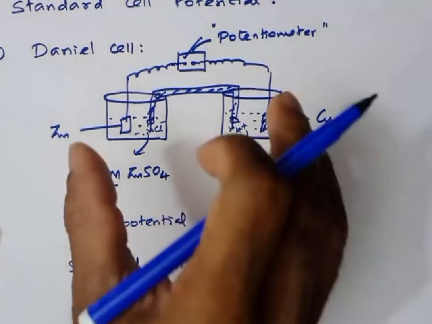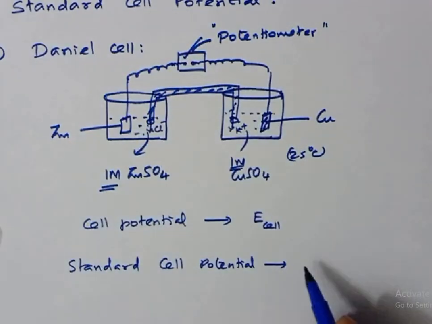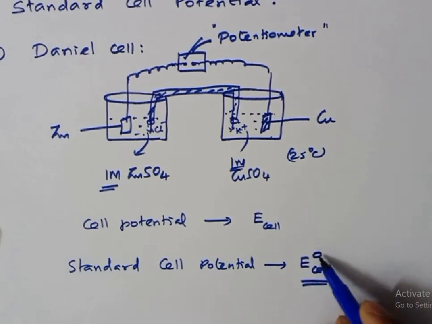At this condition whatever potential appears in the potentiometer, that potential is nothing but E0 cell, called standard cell potential. This naught symbol indicates standard.